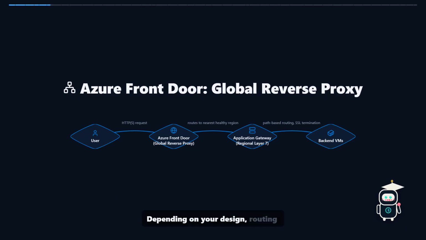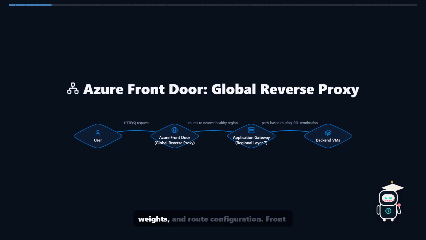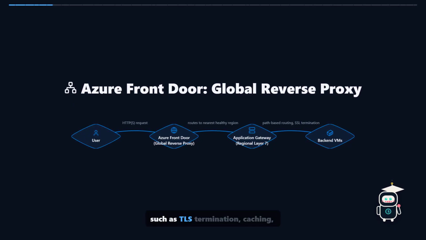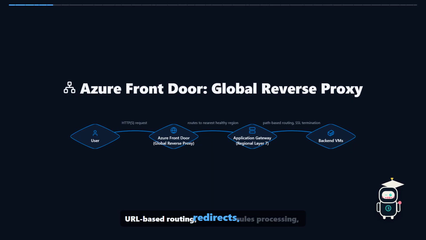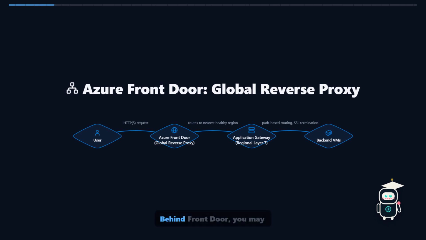Depending on your design, routing decisions can consider factors such as origin health, priority, latency, weights, and route configuration. Front Door can also provide capabilities such as TLS termination, caching, URL-based routing, redirects, rules processing, and web application firewall protection.